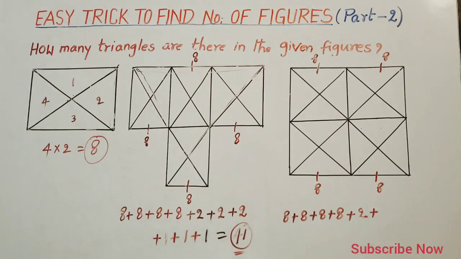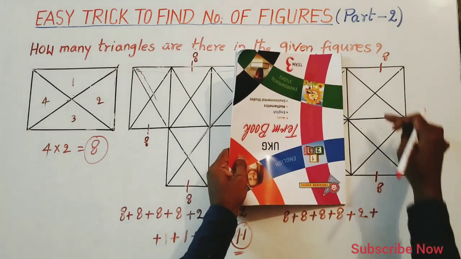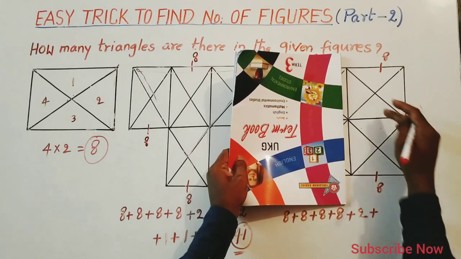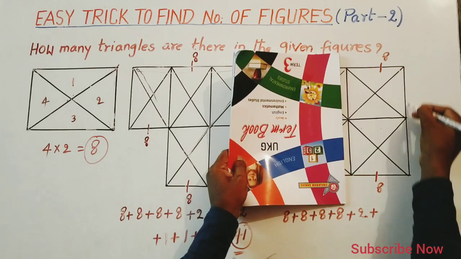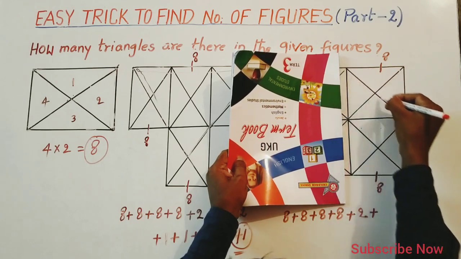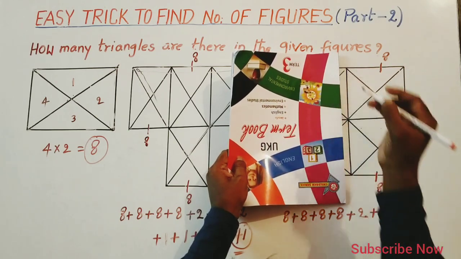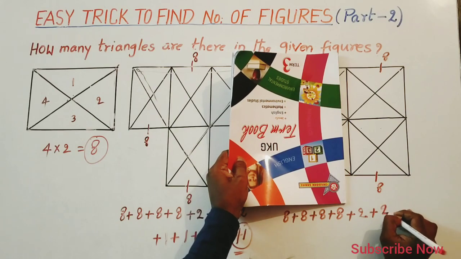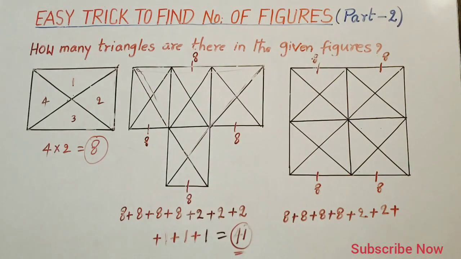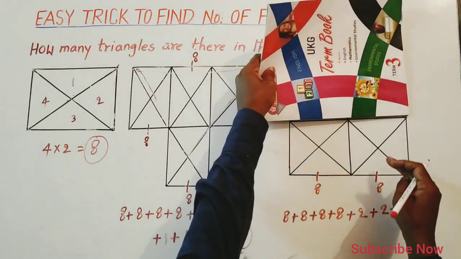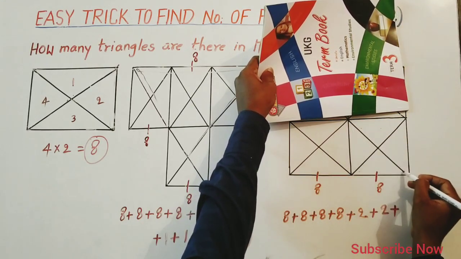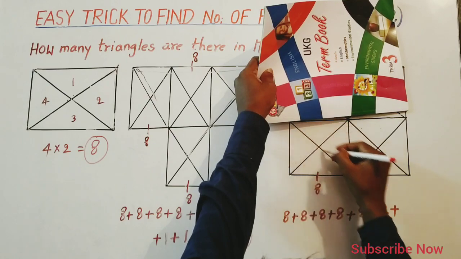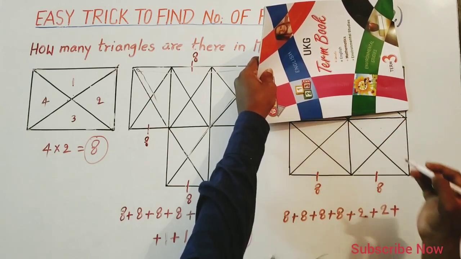Now you close this part and combine these two parts. If you combine these two parts, you can find this is one triangle and this is another triangle. So plus 2. Now you close this part and take these two, and again you can find this is one triangle and this is another triangle.